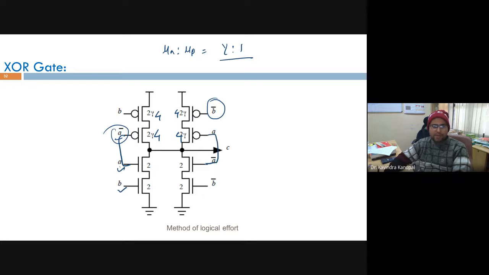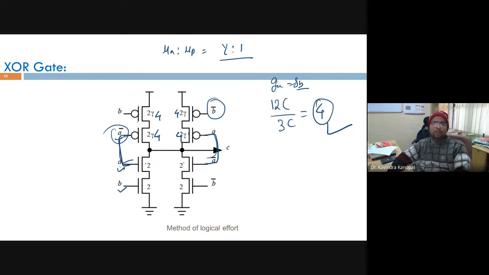So what happens to net capacitance? Net capacitance happens to be 4C, 2C, 4C, 2C. How much? 12C. 6C plus 6C. 12C divided by 3C, the logical effort comes out to be 4 for GA and GB. So right now you are taking A and A bar as a bundle. Why? Because you are not putting the A bar separately.